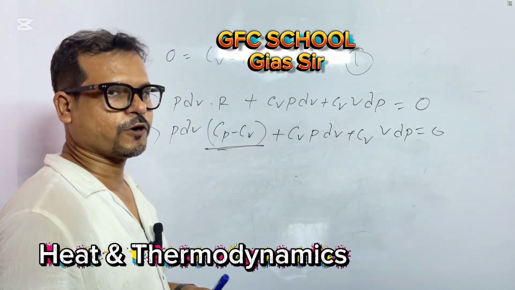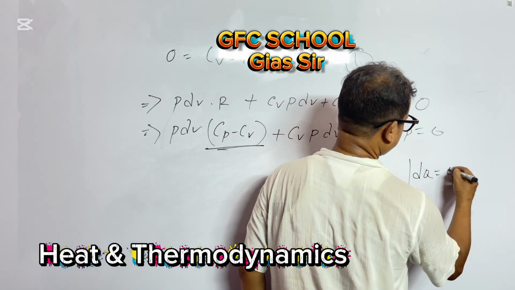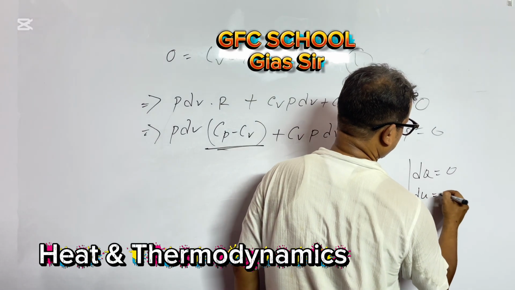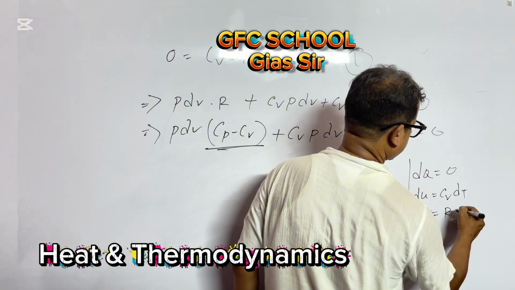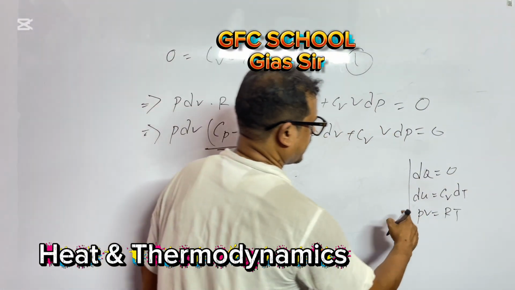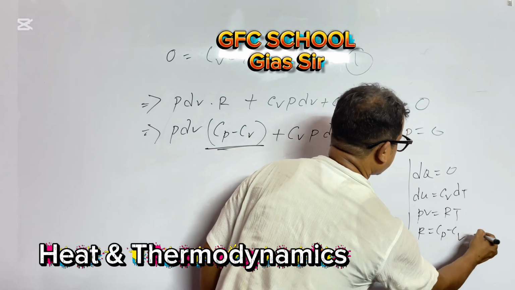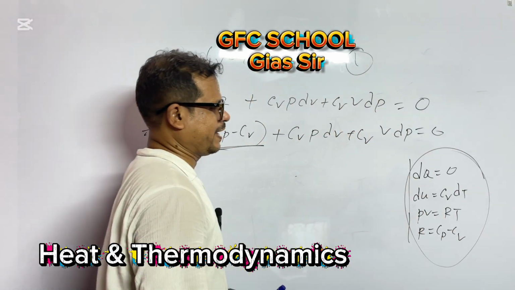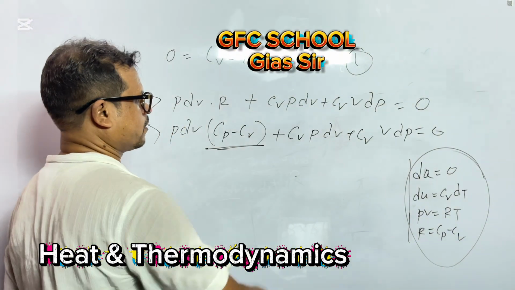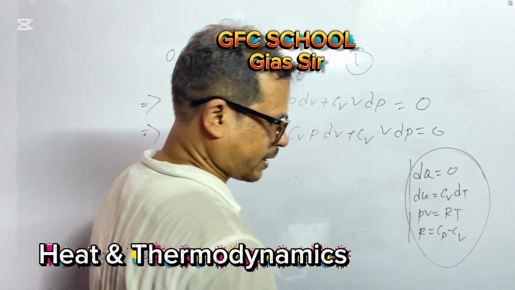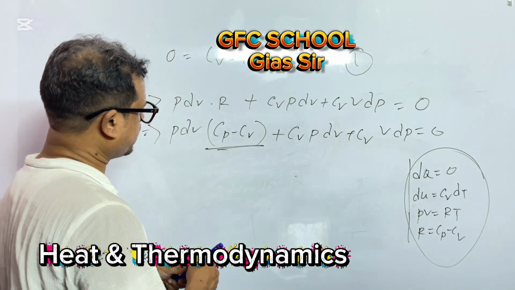That means we've got four basics here: dQ equals 0, dU equals Cv dT, PV equals RT, and now R equals Cp minus Cv. These four basics we have to understand and remember. Then we could solve this algebra.